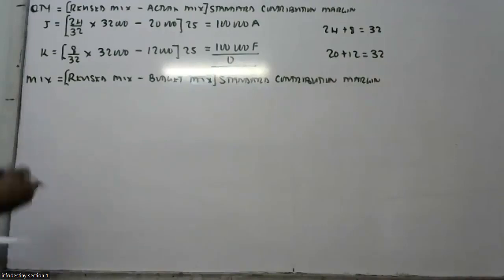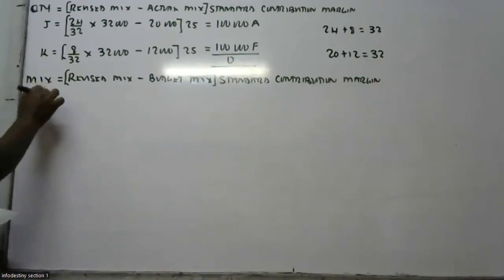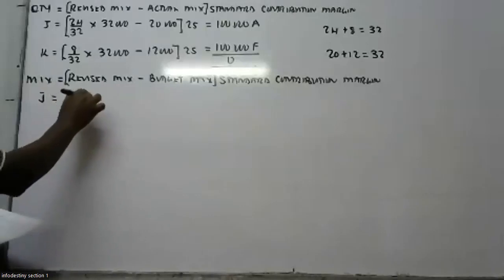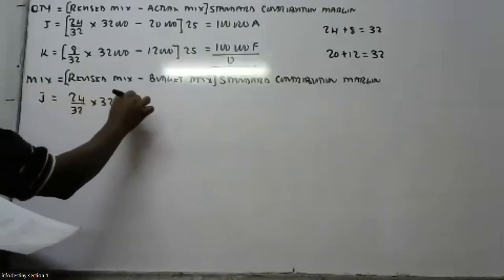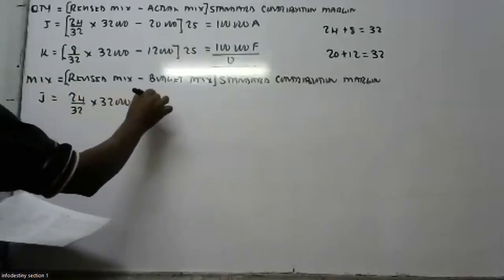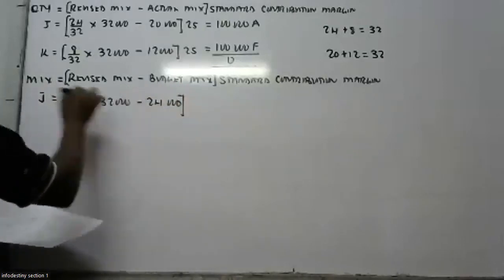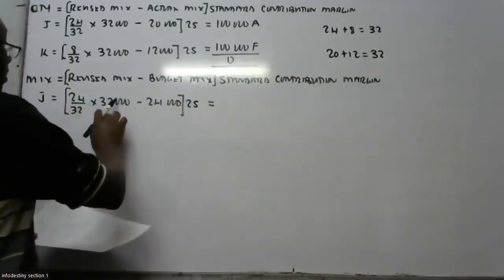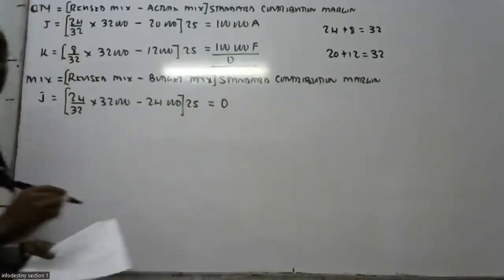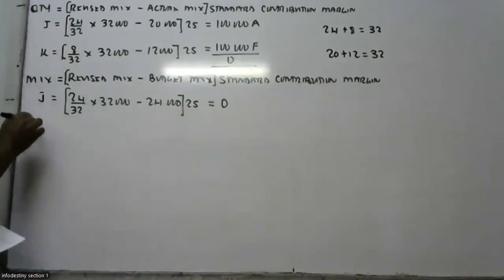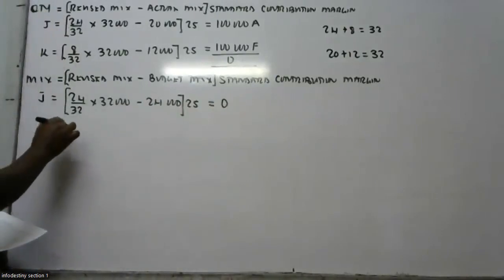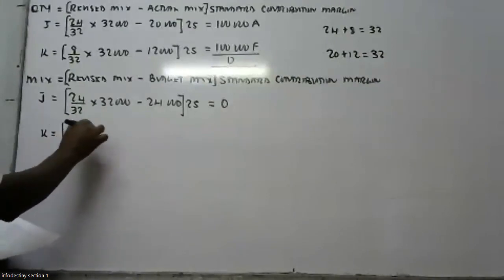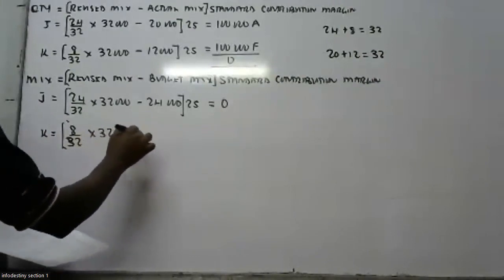So in this, for J, the revised mix is still like we have here, times that 2,000. The budget was for 24,000. And the standard is 25. So this becomes 0. K is 8 out of that 2, multiplied by that 2,000.